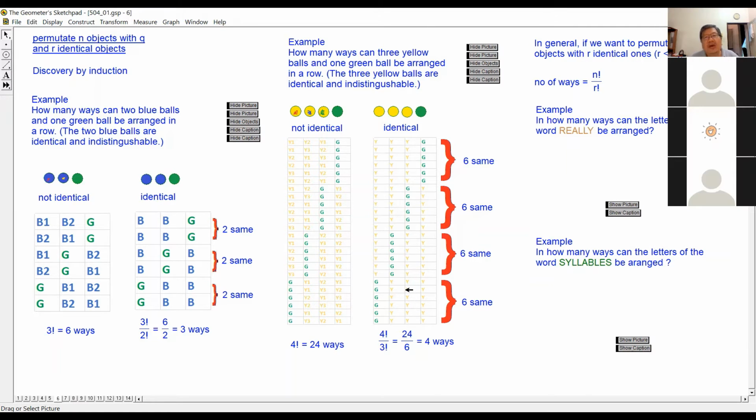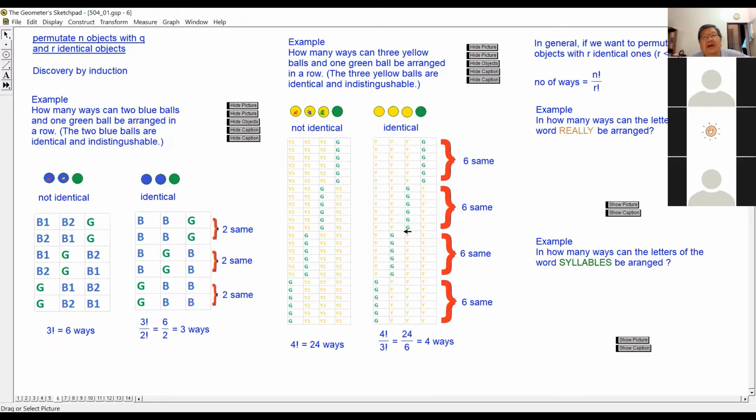So how to calculate the number of permutations when we have identical objects inside? Okay, right. Now in this case, we have 4 objects. 1, 2, 3, 4. Of these 4 objects, 3 of them are identical. So to find the number of permutations, we take 4 factorial divided by 3 factorial.